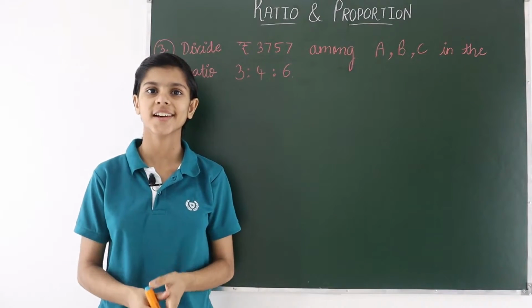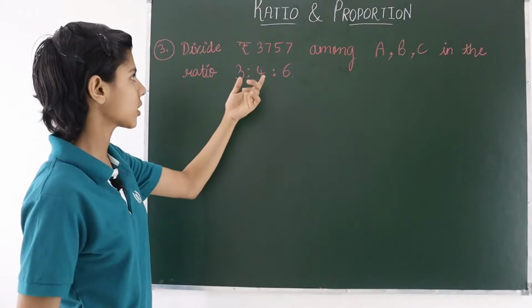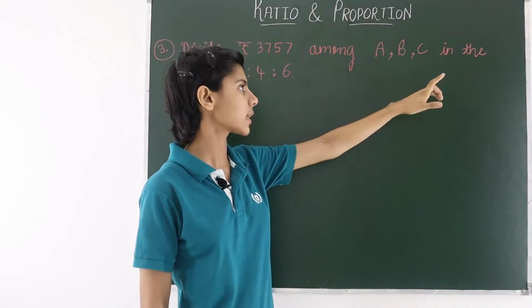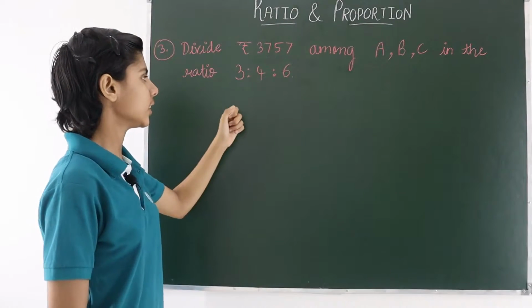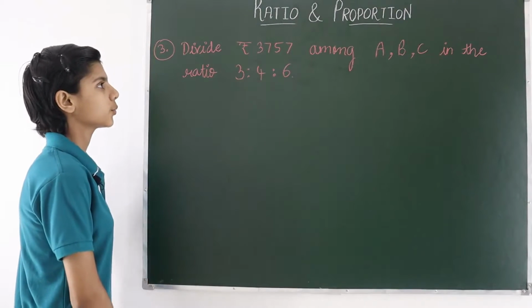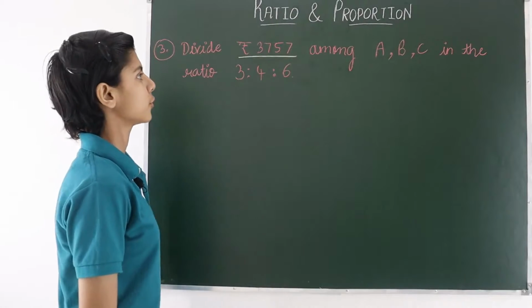So friends, here is the next question. It is divide rupees 3757 among A, B, C in the ratio 3:4:6. Means this question is saying that we are having a total amount 3757.